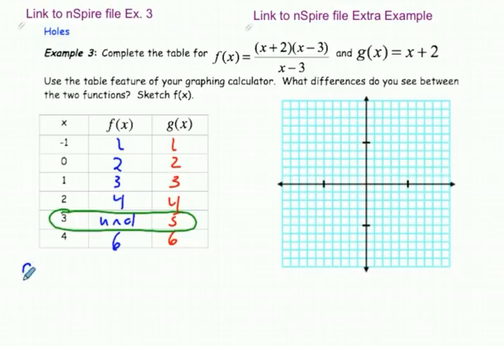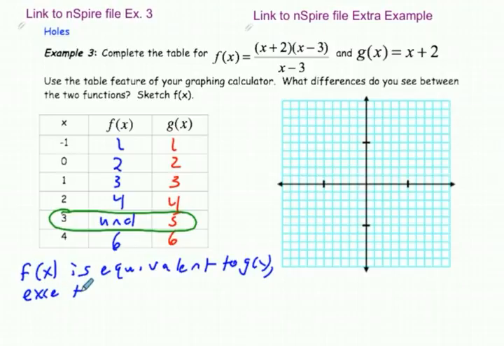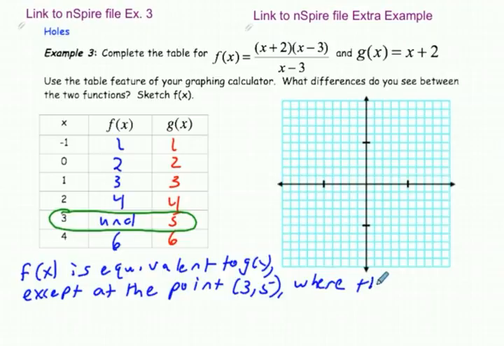So what we can say is f of x is equivalent to g of x, except at the point 3, 5, where there is a hole on the graph of f of x.